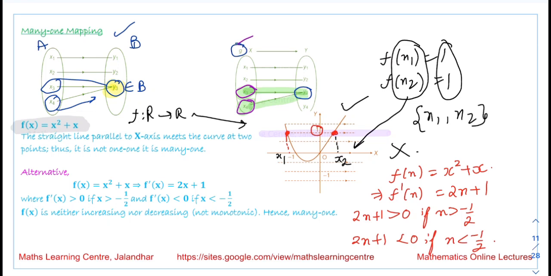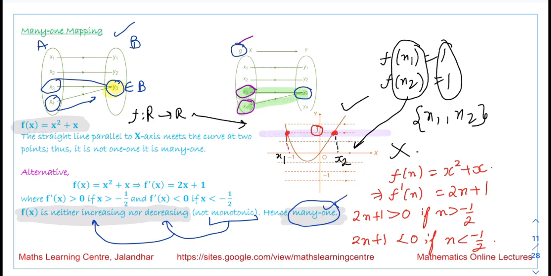So this function is neither increasing nor decreasing. So this is not a monotonic function, and hence it is a many one function. A function is monotonic if it is either increasing or decreasing. And this is not a monotonic function, hence it is not a one-one function, and hence it is a many one function.